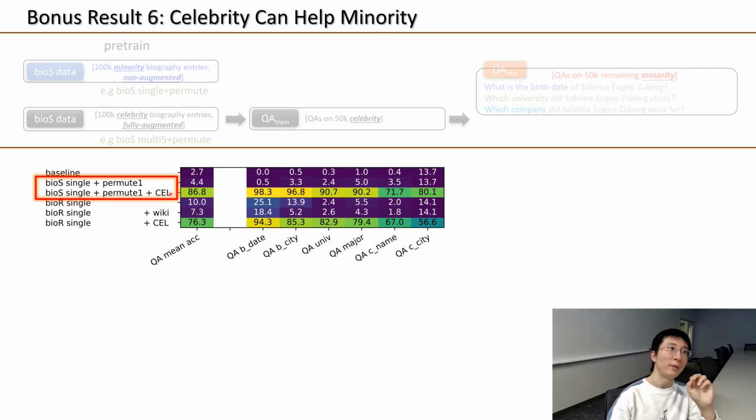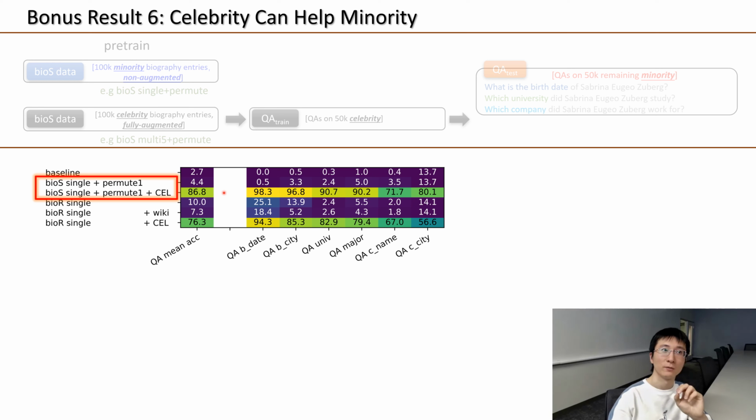For instance, on the bio-S dataset, if you do not have celebrity, then remember that the QA test accuracy was only 4.4%. But now if you add celebrity data to the pre-training process and then do fine-tuning, the final test accuracy just boosts from 4.4% to more than 85%.